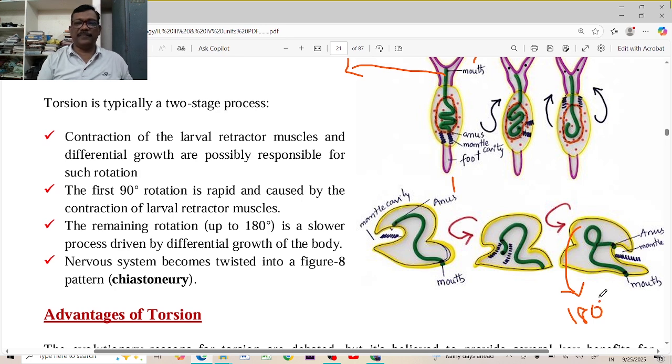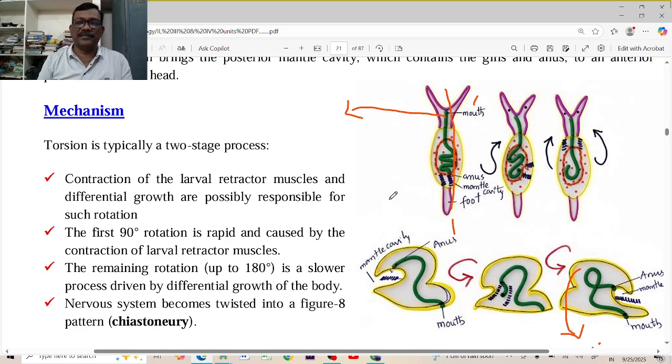However, it is bending the body 180 degrees. Actually, these are shelled animals. After the embryonic development, they form the shell around the body. The shell protects the outgrowth of the body, which is around the mantle cavity. If there is any disturbance or any enemy, that organism can enter into the shell and close it with the valve.